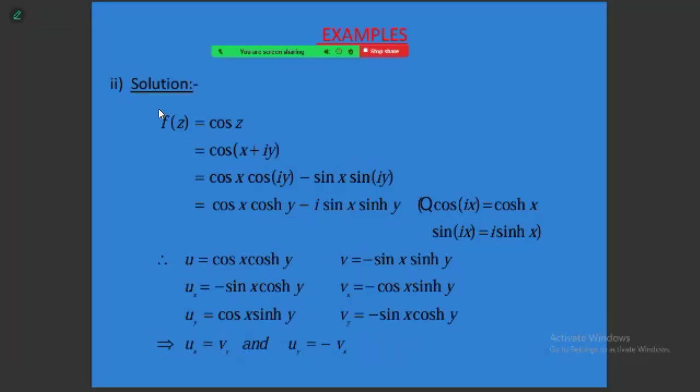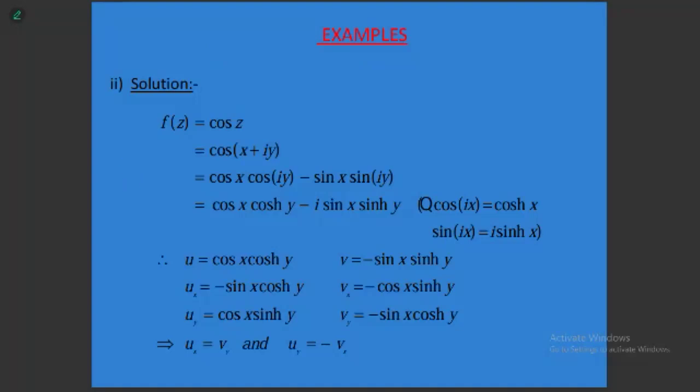So now split the real part and the imaginary part for f of z. The first term is your real part, u is equal to cos x cosh y. v is equal to minus sin x sinh y. So u x is equal to minus sin x cosh y, since the differentiation of cos x is minus sin x, and u y is equal to cos x sinh y, and v x is equal to minus cos x sinh y, and v y is equal to minus sin x cosh y.